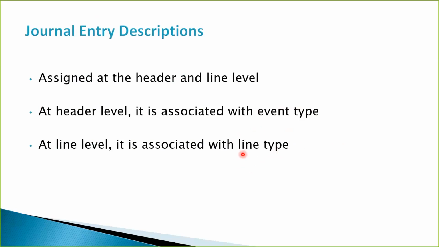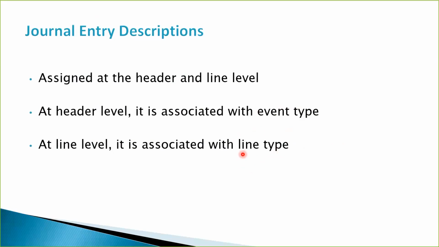So in the SLA module, when we are configuring the line type, we can associate a journal entry description with that particular line type, so that when we create accounting, the logic we have entered in that entry description will produce the information that will be seen on the journal line itself.